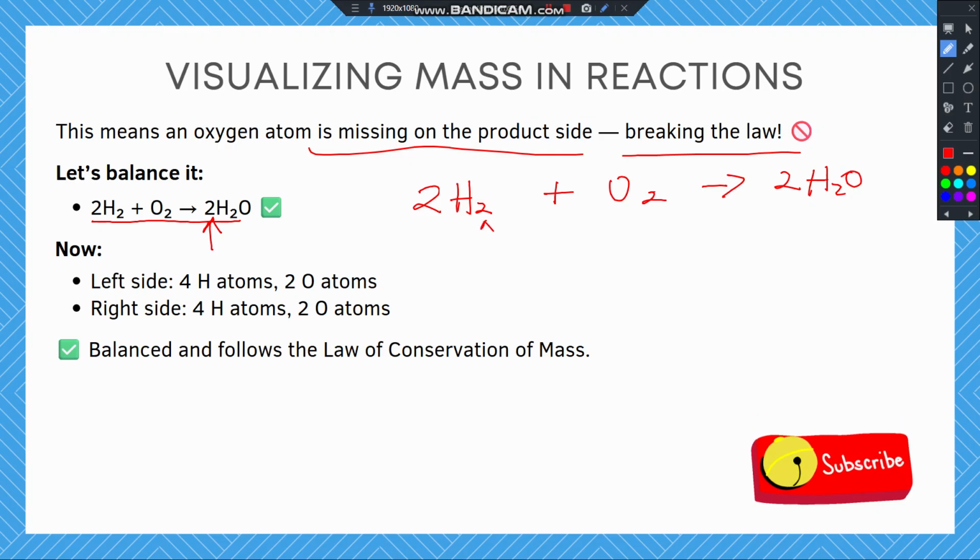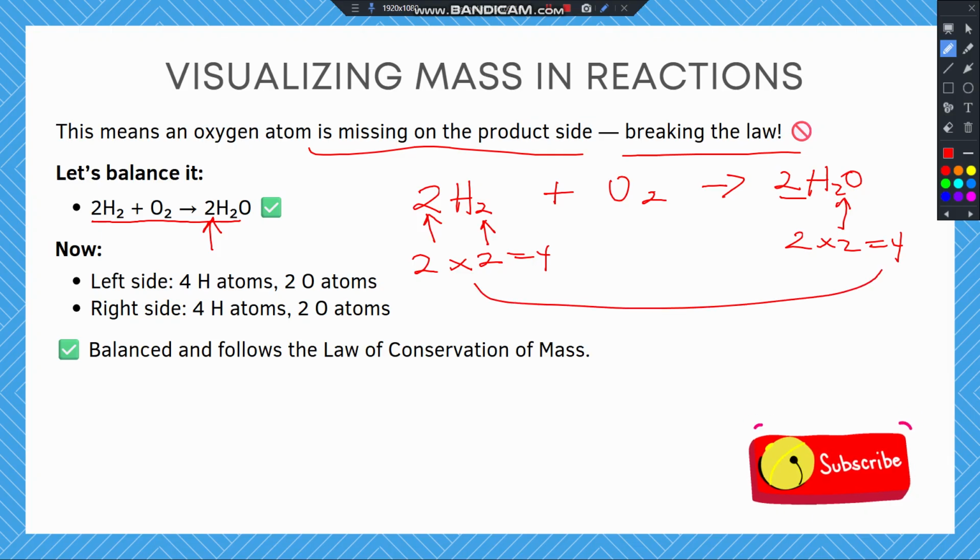For hydrogen, we have two atoms of hydrogen over here multiplied by this coefficient of 2. 2 times 2 gives us 4. On the right hand side, you can see two atoms of hydrogen over here with a coefficient of 2 as well. 2 multiplied by 2 gives us 4 as well. So hydrogen is balanced.